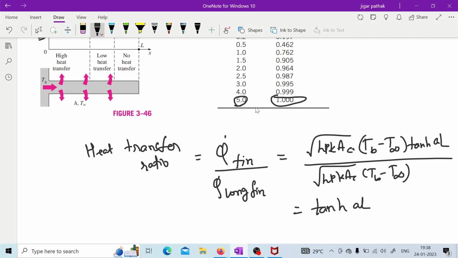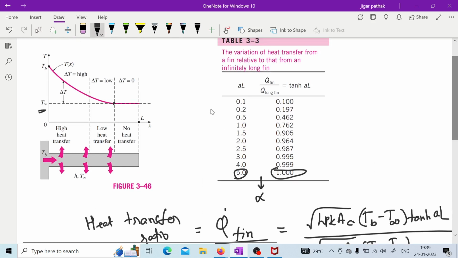It means after this point there is no point in increasing the length of the fin. Apart from this, one more observation you can make in this example is, at mL of 2.5, at that particular length, this is almost 99%, right, 0.987.